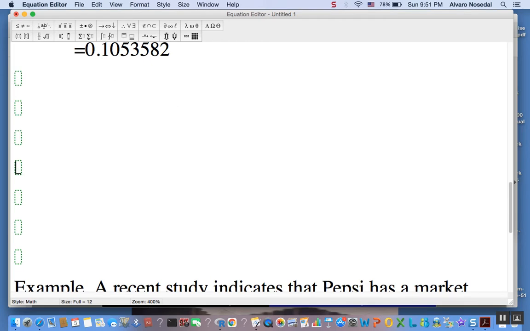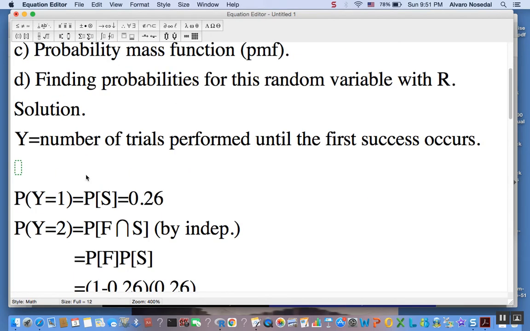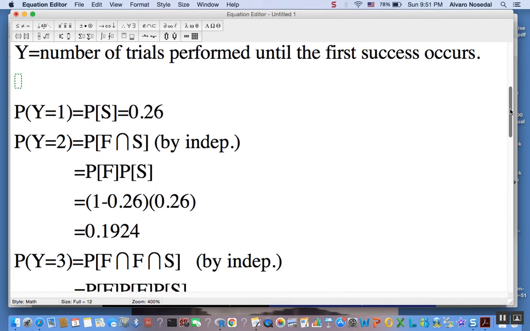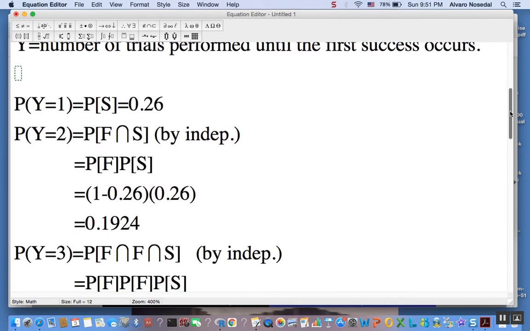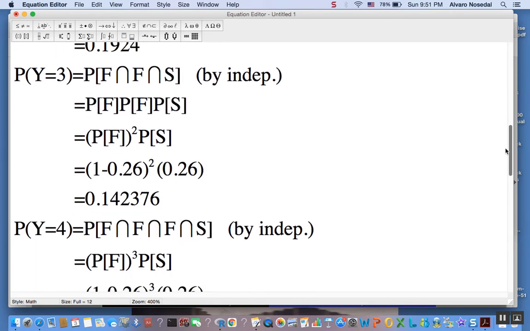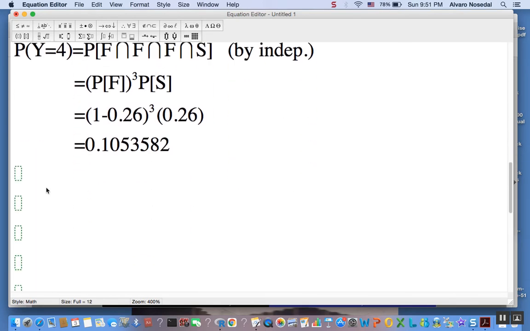Now we're going to be doing this for any k, where k could be 1, 2, 3, any number greater or equal to 1. So let k be a number greater or equal to 1.